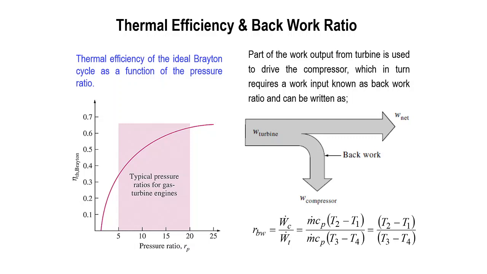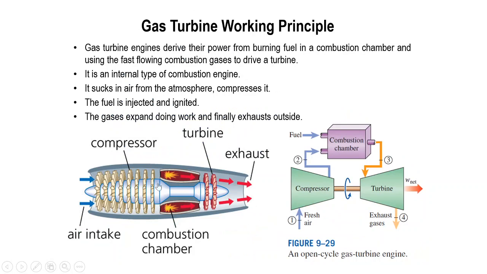So all of the gas turbine engines will operate under pressure ratio 5 to 20. Also we have a back work ratio. The back work ratio is the portion of the turbine work used for the compressor, because as you look into this sketch, you have the same shaft connecting the compressor with the turbine.